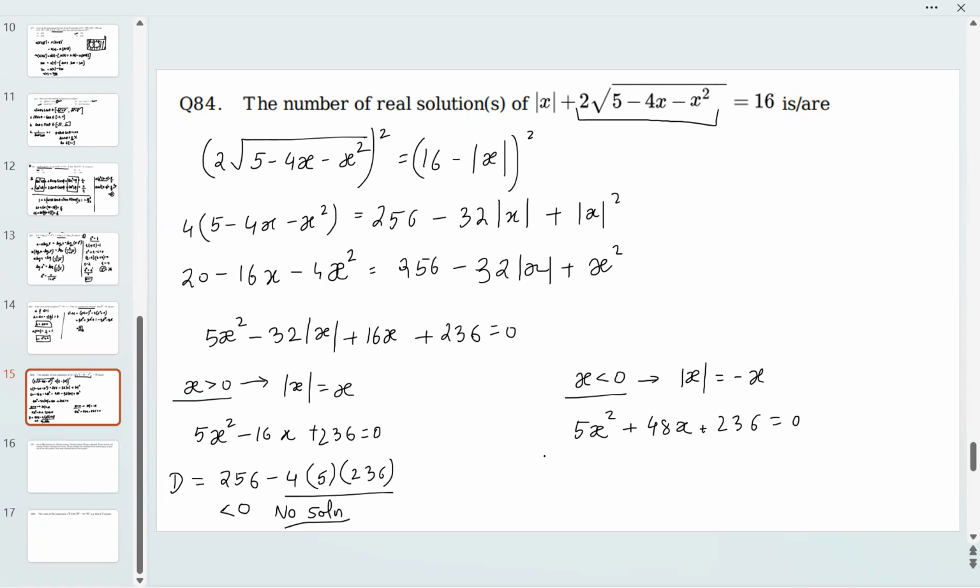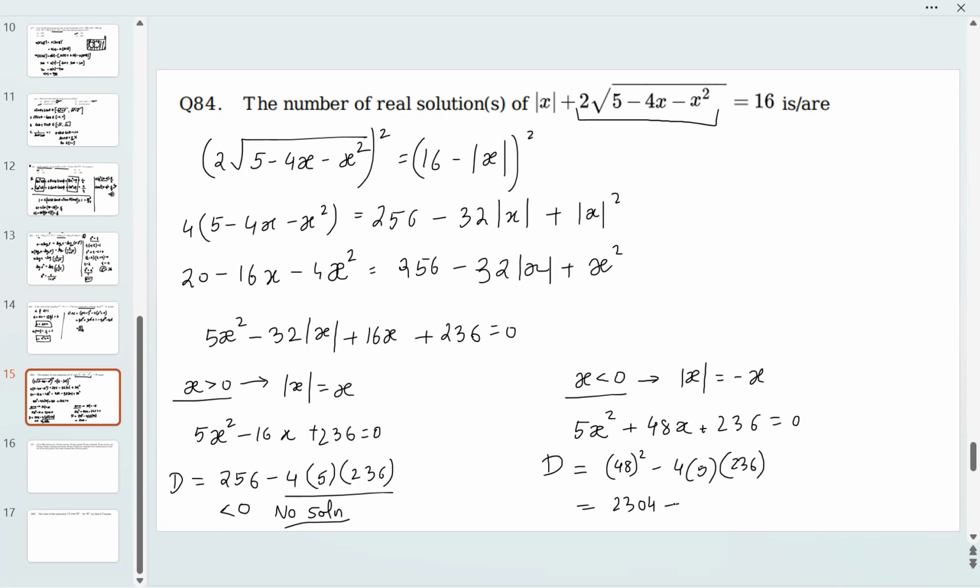Let us check the discriminant again here. Discriminant is b square, means 48 square, minus 4 into 5 into 236. Now, 48 square comes to 2304.